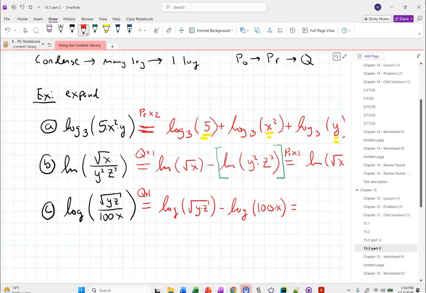It's inside the square root, right? So we should be thinking about this as like a set of parentheses there, right? Yeah. So should I be doing the product property yet? No. What do I have to do before I can get to that product property in this case? I have to do that power property first. So I'm going to leave that for now. I am going to do the product property for the other one.